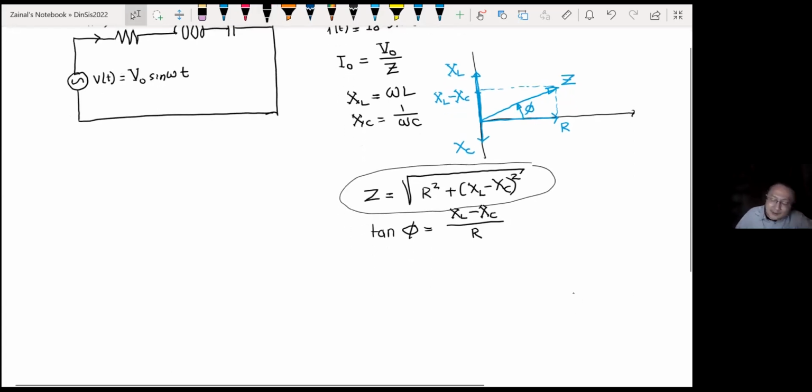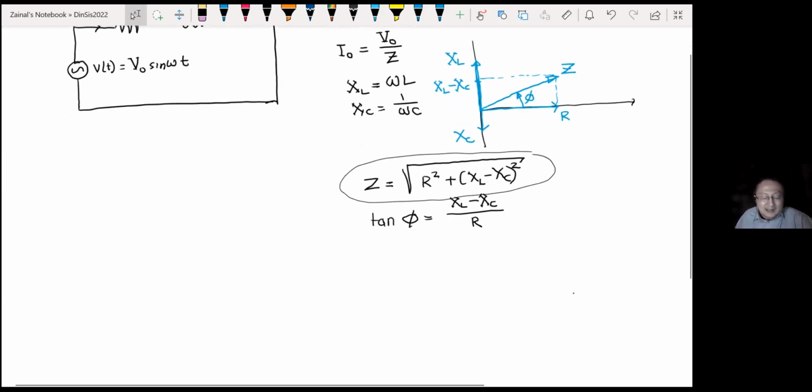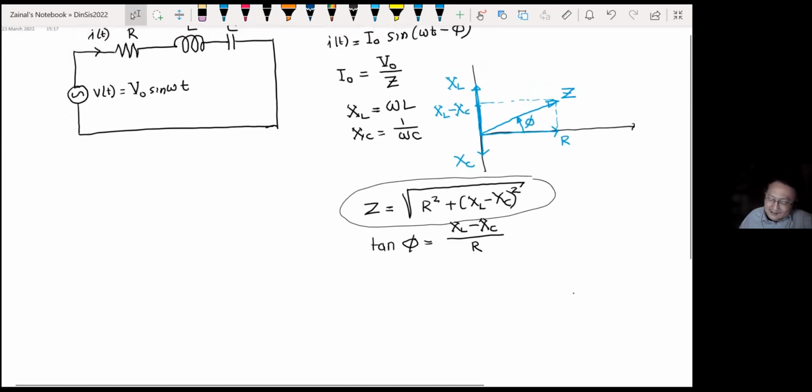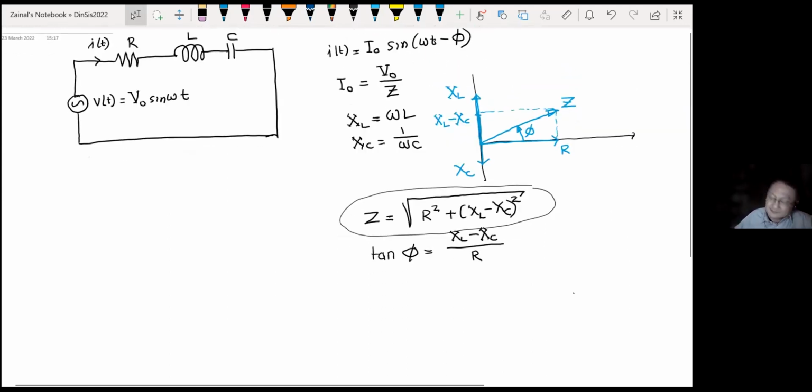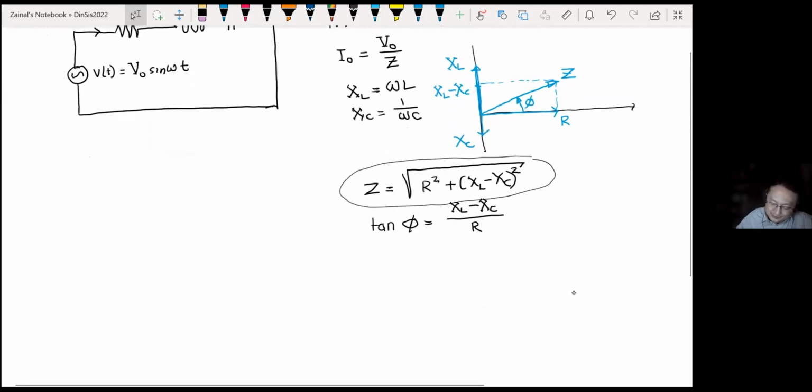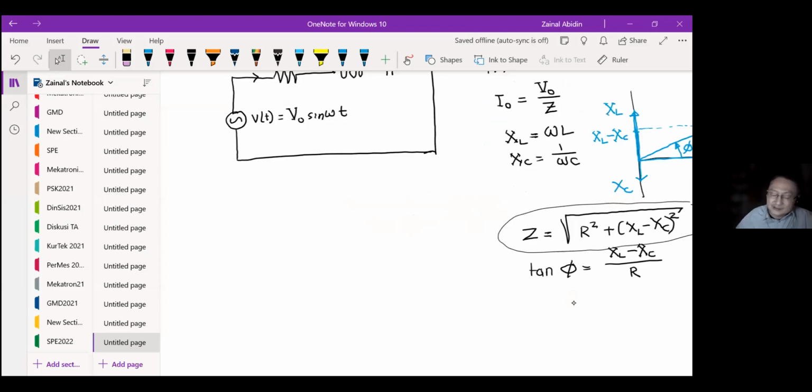Now the derivation becomes simple, right? So, a new page. I want to show you this one.